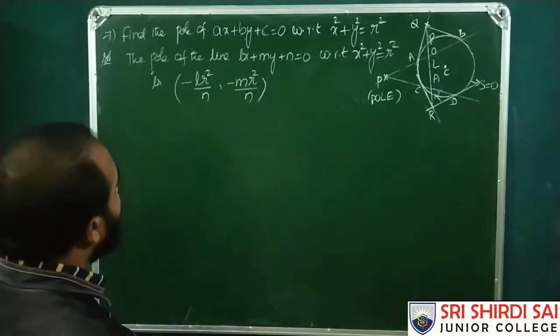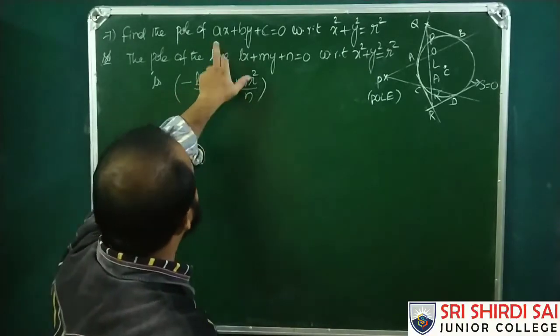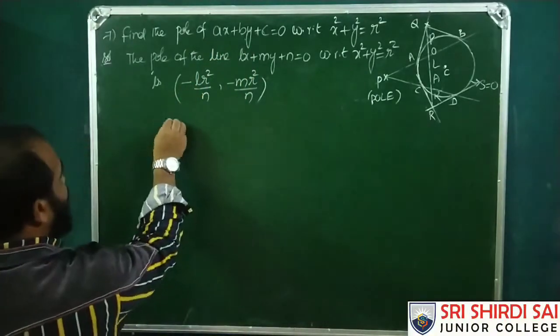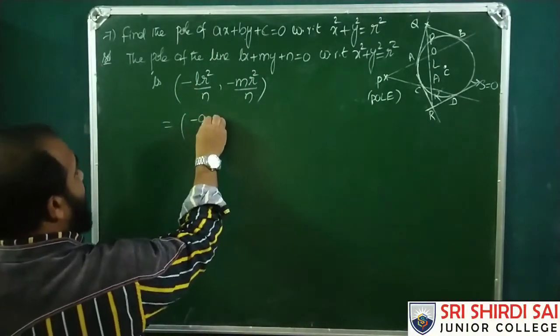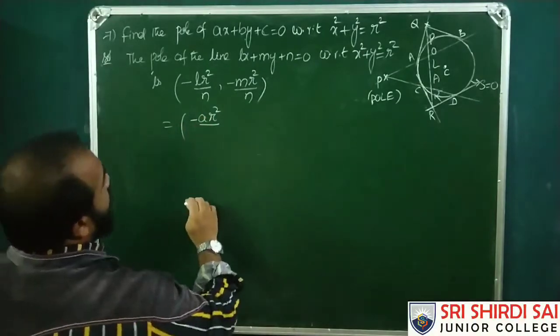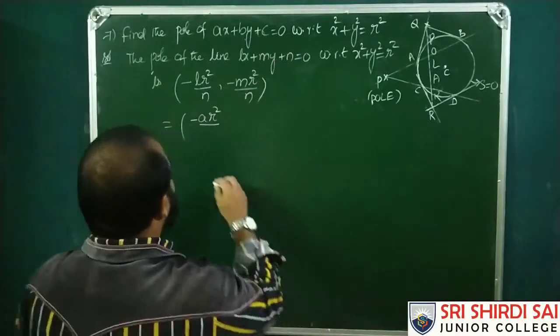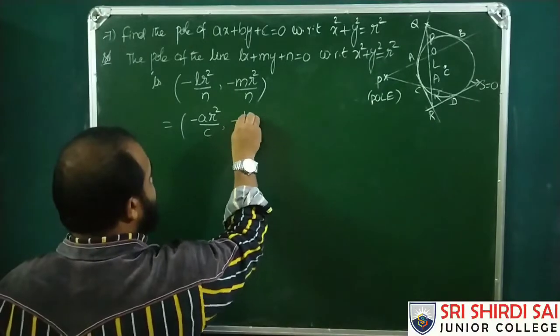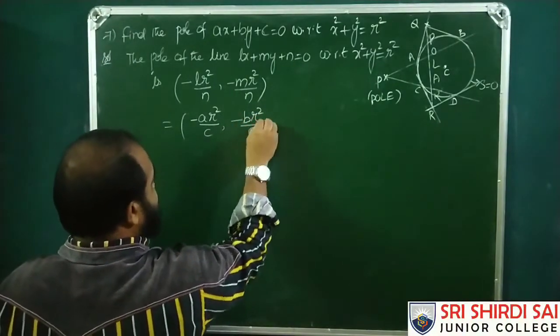So here L and m values are a and b, and n value is c, so this is equal to (-a r²/c, -b r²/c).